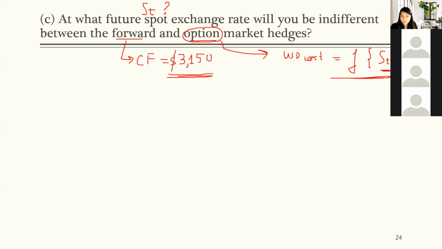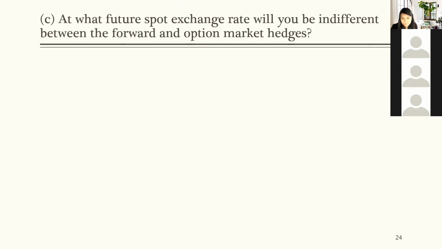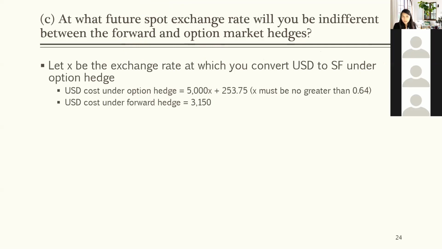Okay. So how do we approach the problem? We mentioned before that with the forward hedge, we always know for sure the USD cost. It's always going to be 3,150 because it's a fixed flat line.